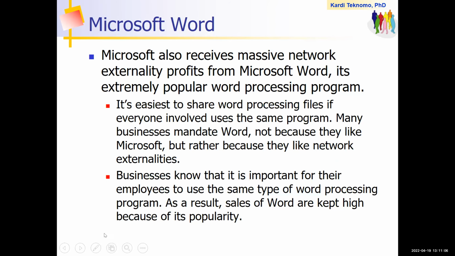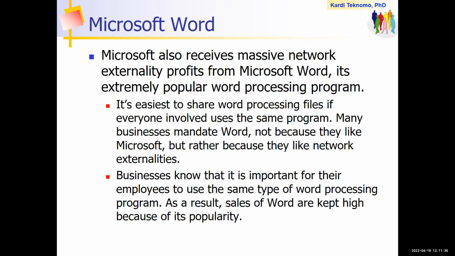Yeah? The same with Microsoft Word. Microsoft also received massive network externality profit from Microsoft Word. Okay? It is easier to share word processing files if everyone uses the same program. Right? That's why, to attack these network externalities, what Google is doing is giving you a free program instead of paying for Microsoft Word.